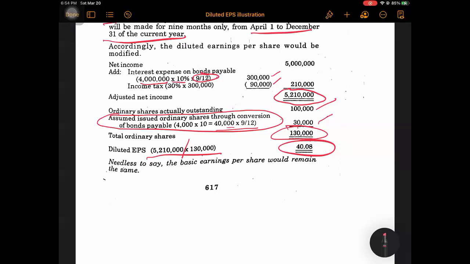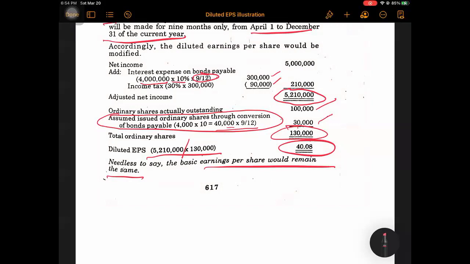Needless to say, the basic earnings per share would remain the same. So the computation of your basic earnings per share will not be affected. In the first case and second case, there was no effect on your basic earnings per share, but it has an effect on your diluted earnings per share.